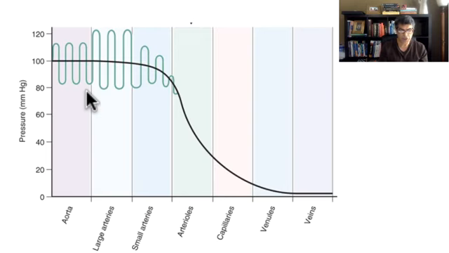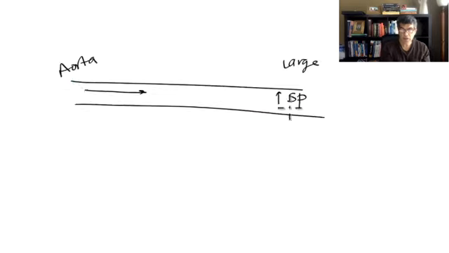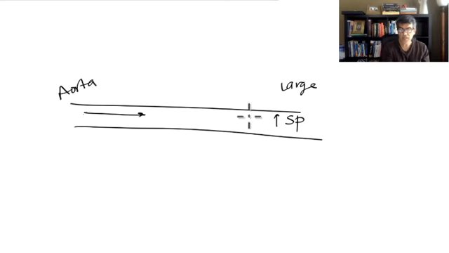My pulse pressure is larger here, yet my mean arterial pressure is lower, because mean arterial pressure mainly depends on what? Diastolic. And since my diastolic pressure is lower inside the large artery, my mean arterial pressure also is lower. Remember, the reason blood moves is not because of systolic pressure, is not because of diastolic pressure, it's because of mean arterial pressure. Blood moves because here should have lower mean arterial pressure, here should have higher mean arterial pressure.